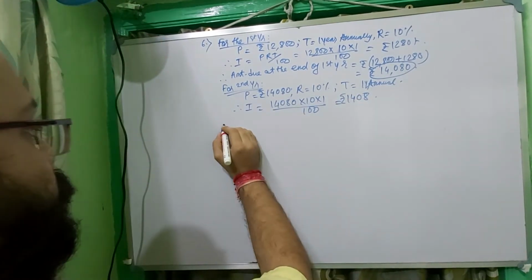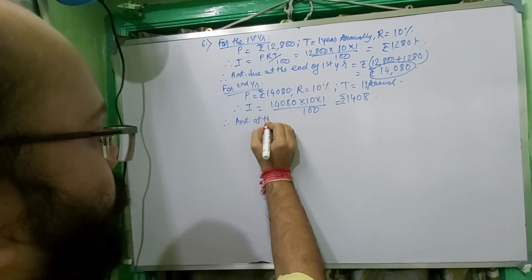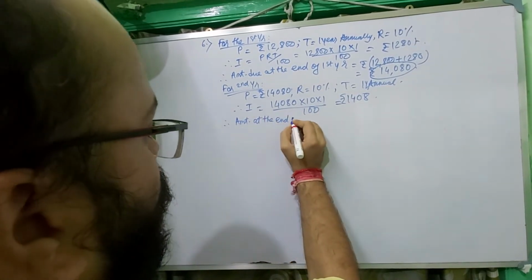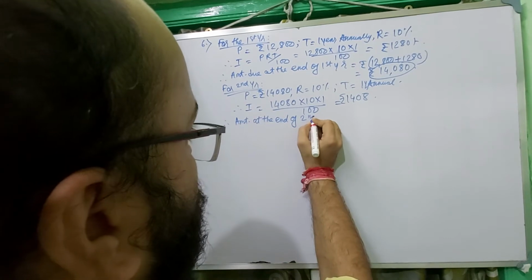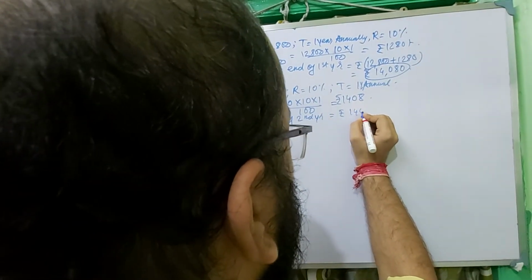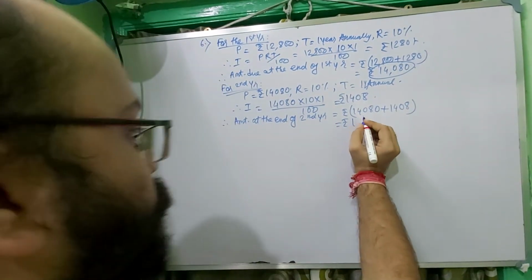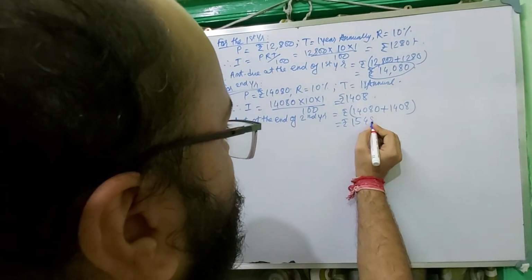That is the interest. Therefore the amount at the end of the second year is 14,080 plus 1408, it will become 15,488.